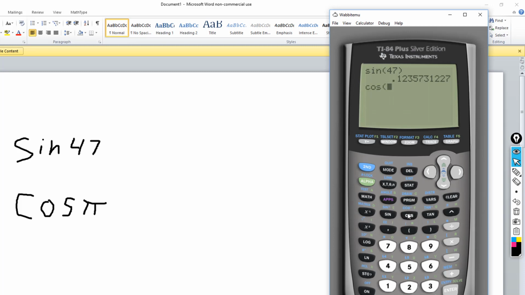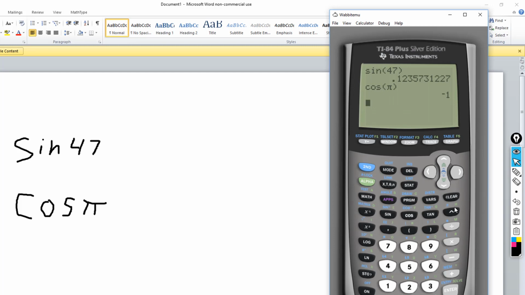I hit cosine of pi, so I'll hit the second key, and then the exponent key, and I get -1. Okay, cosine of pi is -1, but the sine of 47 degrees is not 0.1235 and so on.